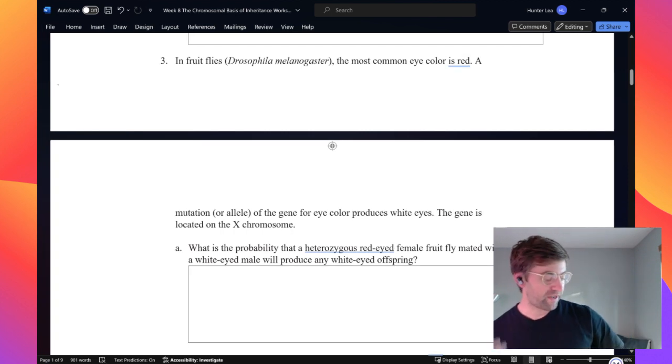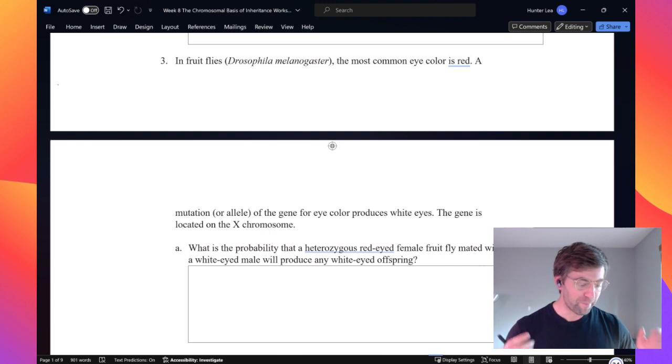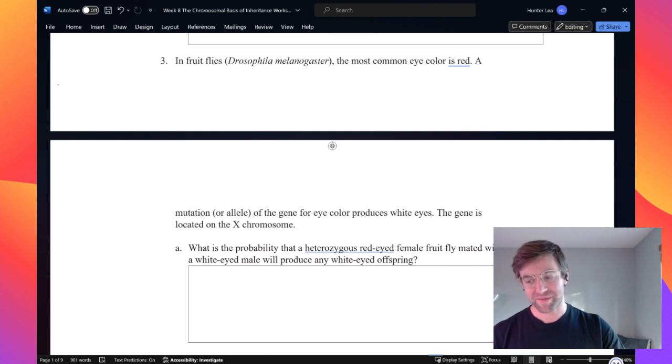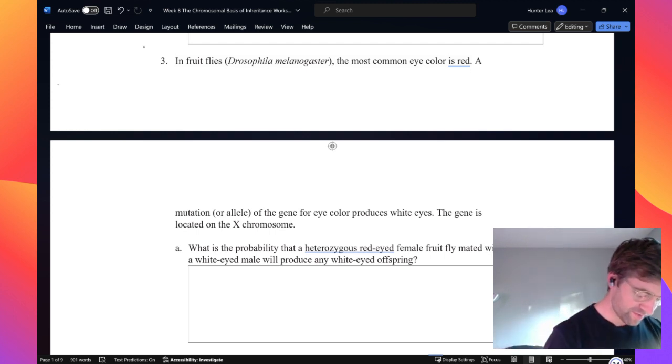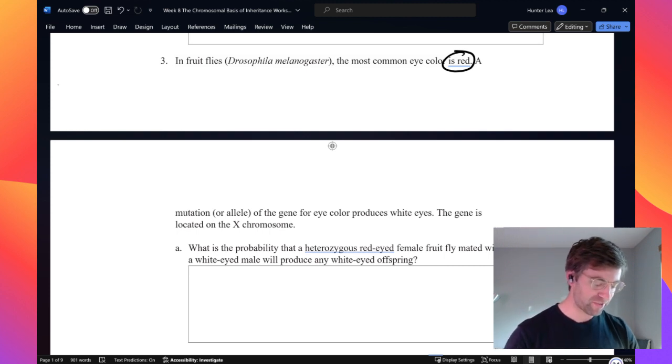All right, so next prompt. In fruit flies, Drosophila melanogaster, a really common experimental organism, very famous, the most common eye color is red. So red is going to be our dominant. Well, we don't know if it's our dominant one yet, but we can assume because it's the most common.